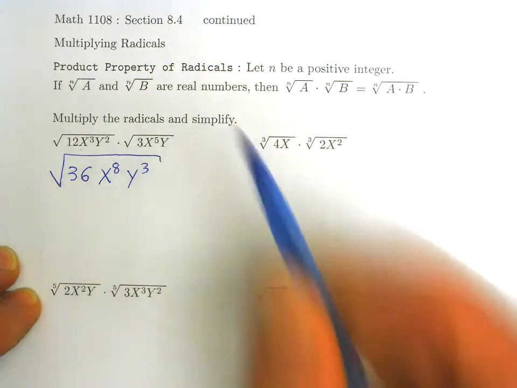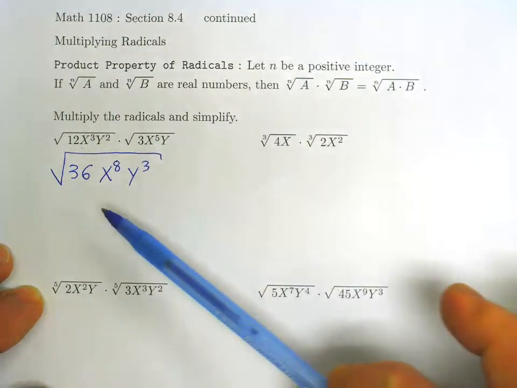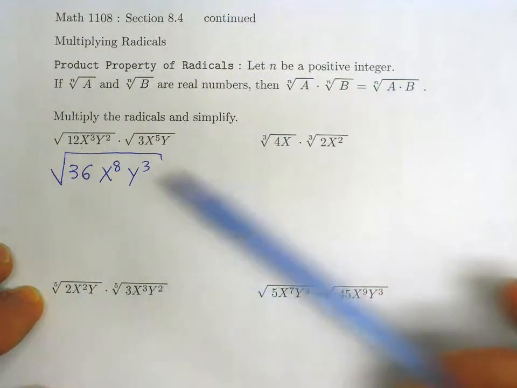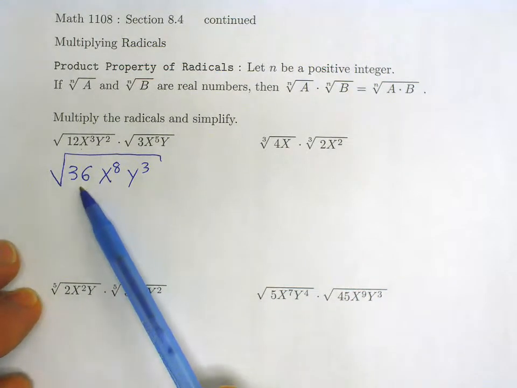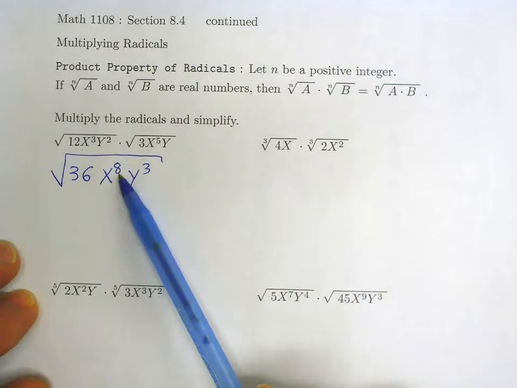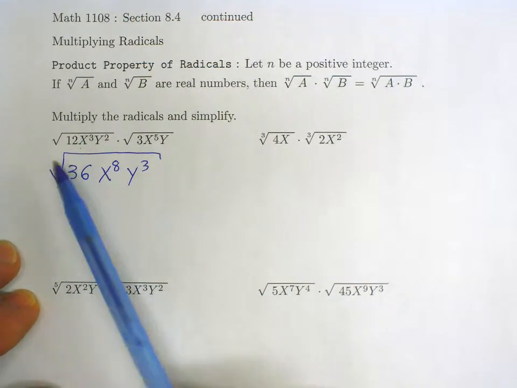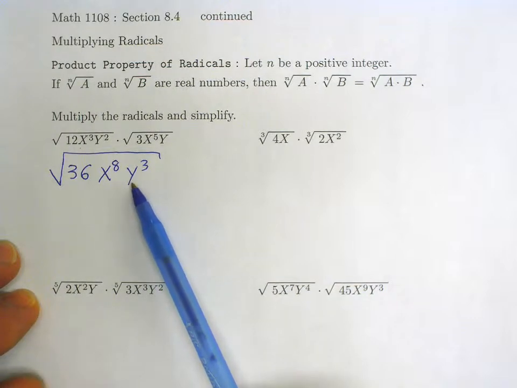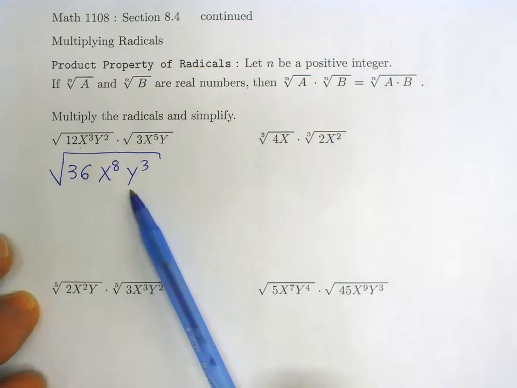And then afterwards, focus on simplifying this single square root. 36 is a perfect square. x to the eighth is a perfect square because the exponent 8 is a multiple of the index 2. And the largest factor of y to the third that's a perfect square is y to the second.